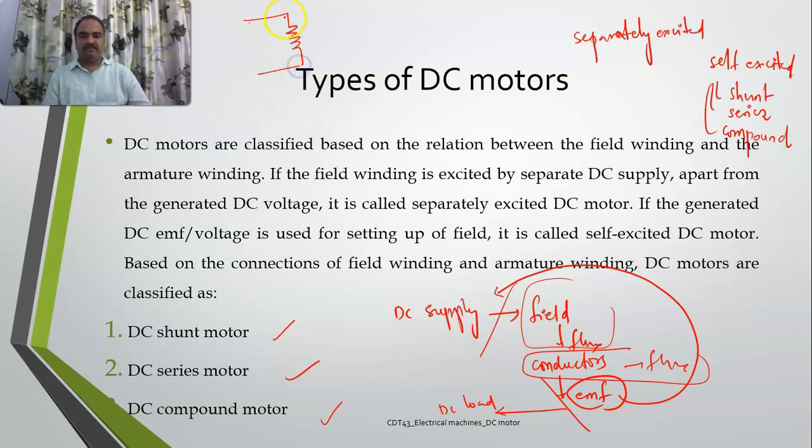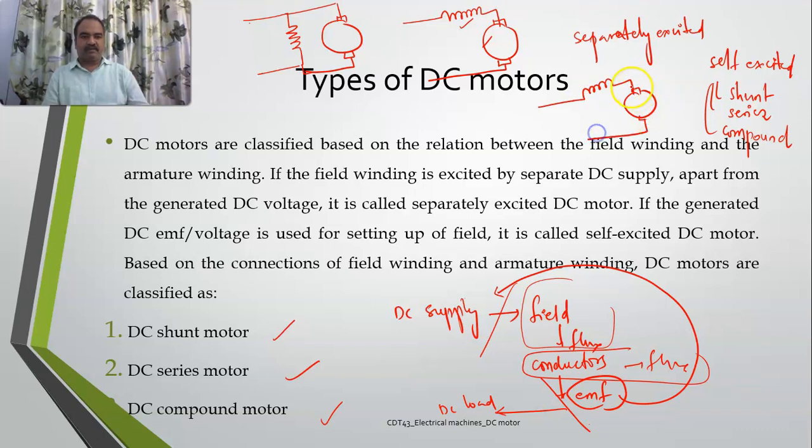A field winding and an armature. Now here both are connected in parallel, right? This is called as a shunt machine. Now if you connect them in series, this is the representation. Not actually, this is not the connection diagram. This is a series motor representation, which means that both carry the same currents, the armature and the field. And if you do have both, it is called as compound machine.